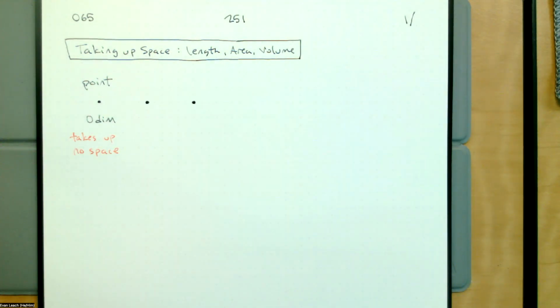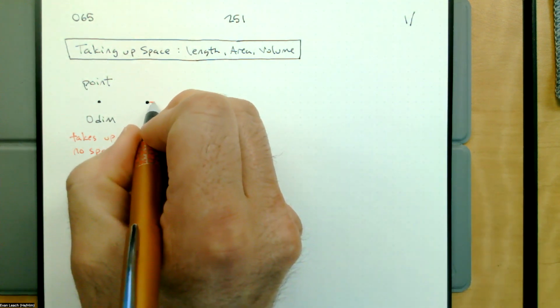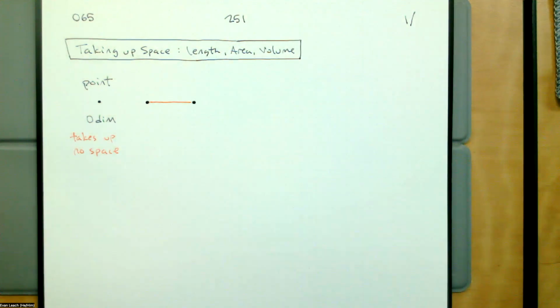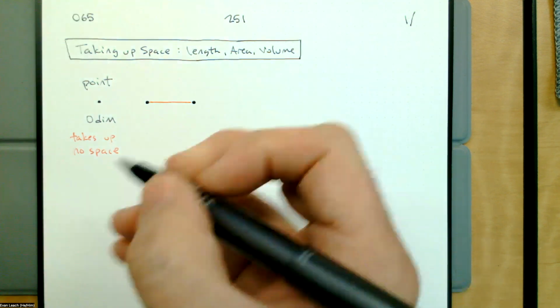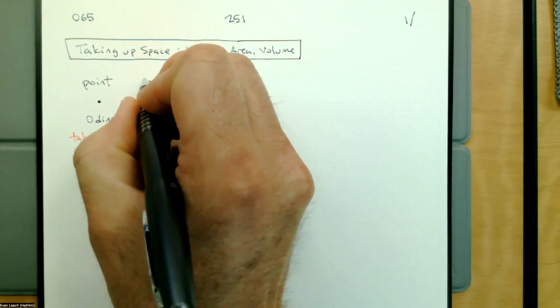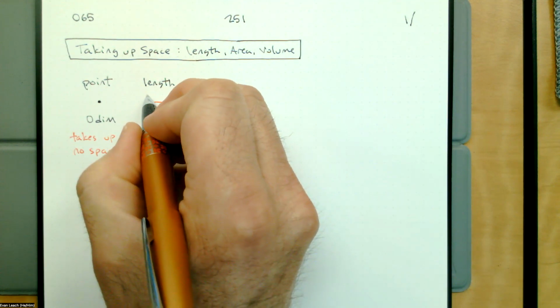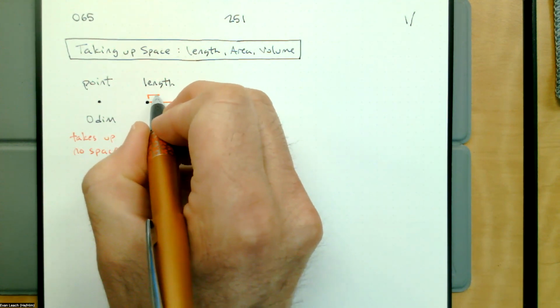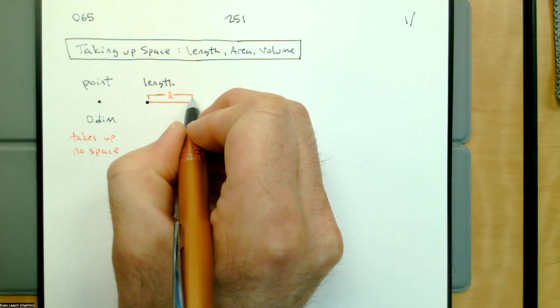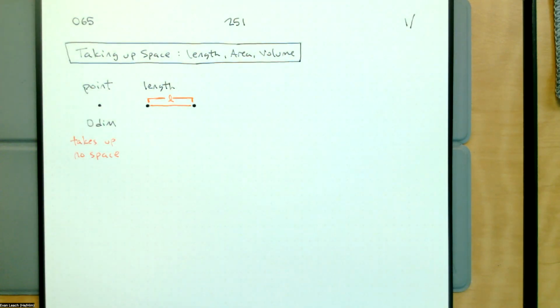I'm going to pull it along our one dimension, and this is going to give us a length. When things take up this kind of space in this way, we call that a length.